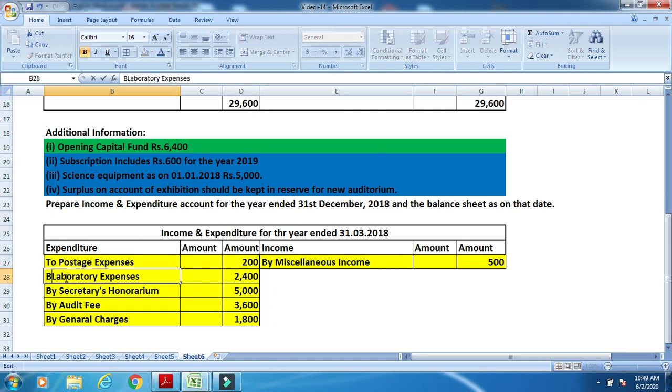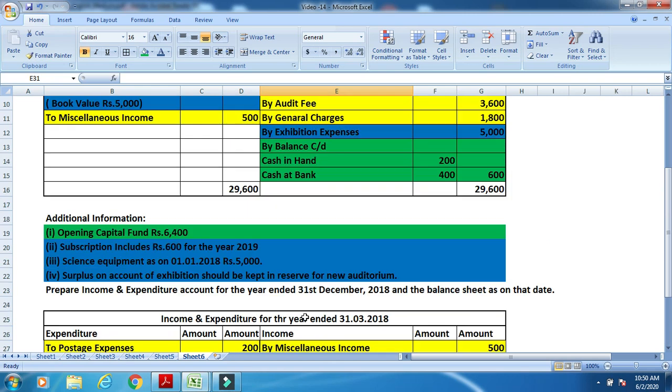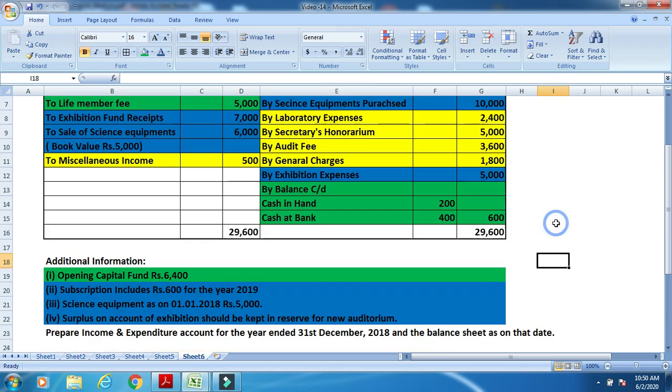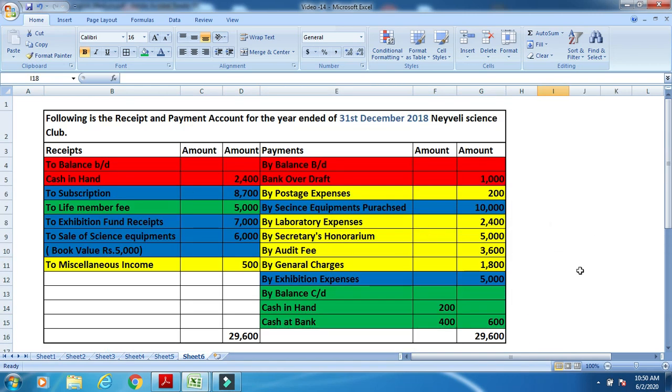By laboratory expenses, to laboratory expenses. To secretary honorarium. Then next, by audit fees becomes to audit fees. General charges, to general charges. Here we mention all the yellow items.